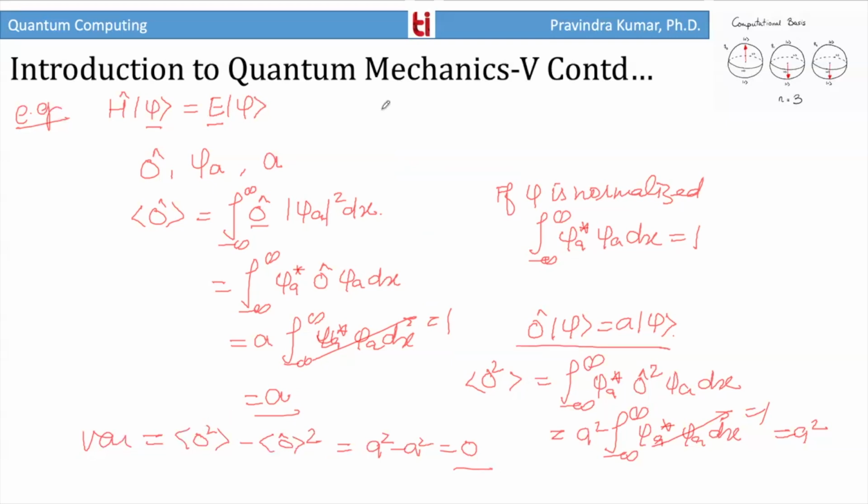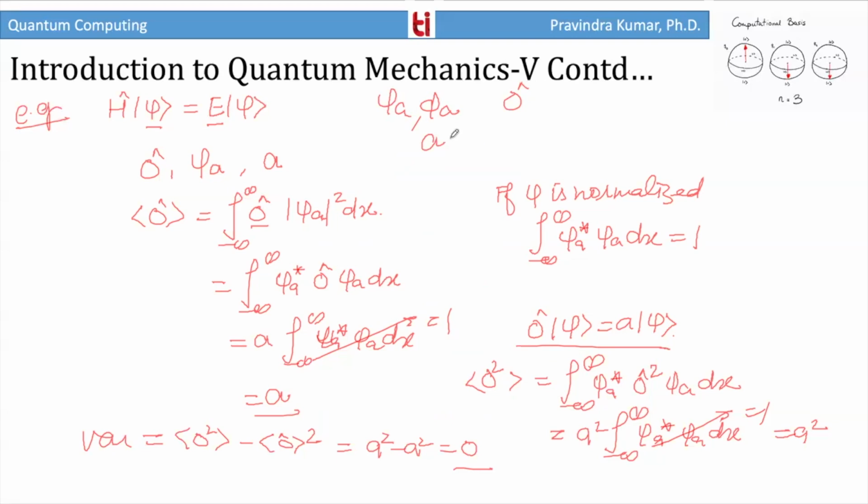When two eigenstates psi A and phi A of the same Hermitian operator O correspond to the same eigenvalue A, then the eigenstates are said to be degenerate.